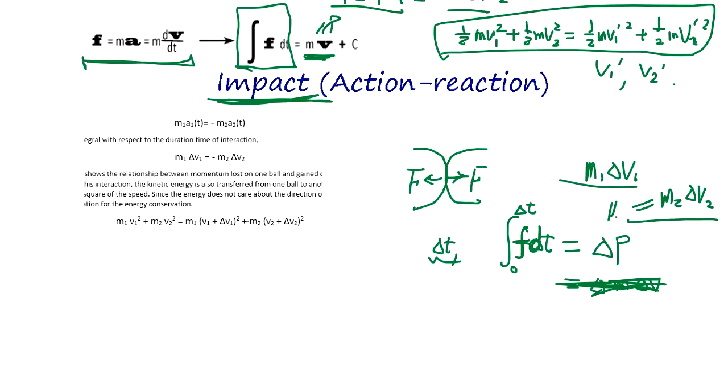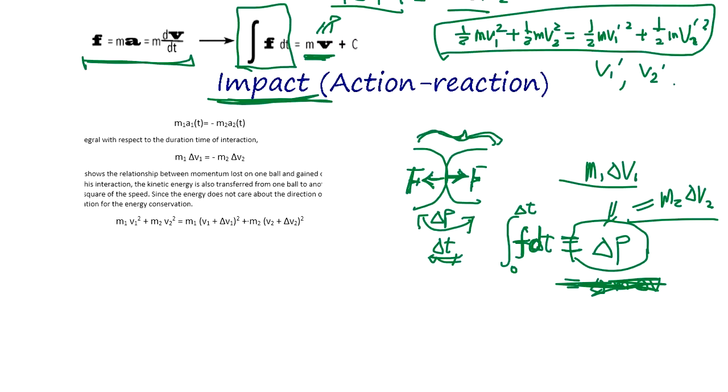So the exchange of momentum comes from this action and reaction. You give a force, you get a force. So the delta P is exchanged here. The action-reaction law guarantees that the exchange is equal.